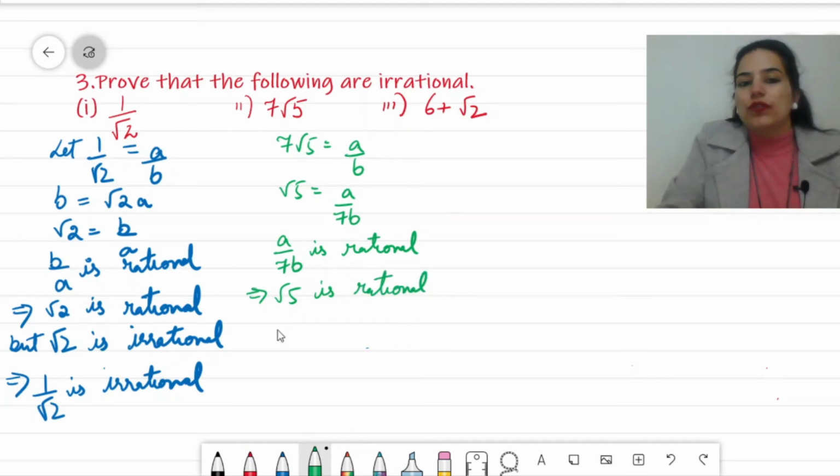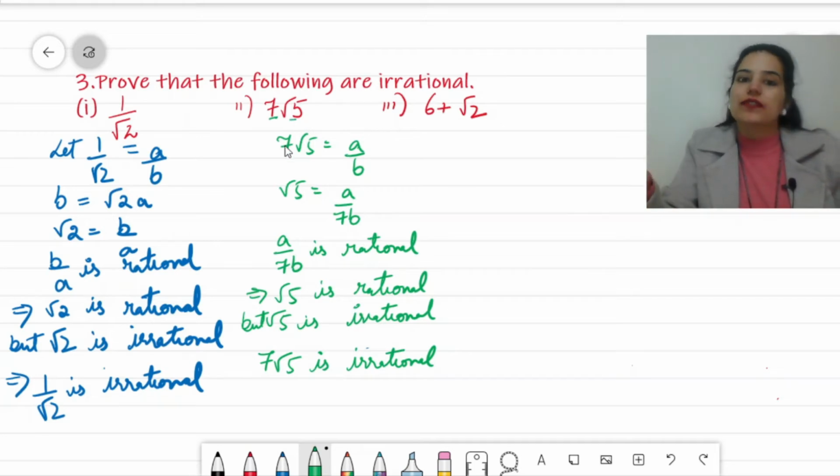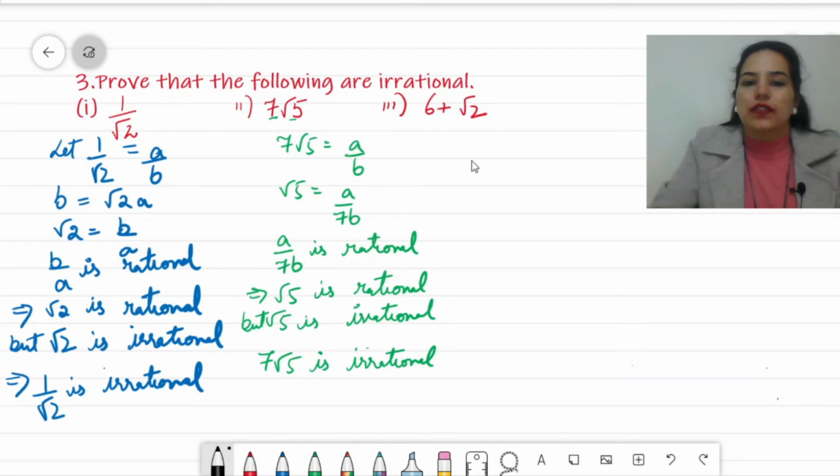But we know that root 5 is irrational. That means our assumption was incorrect and 7 root 5 is irrational. This also proves that a product of a rational number and an irrational number is irrational.